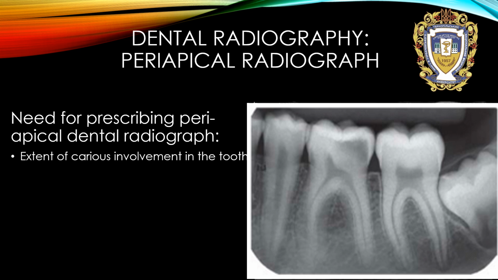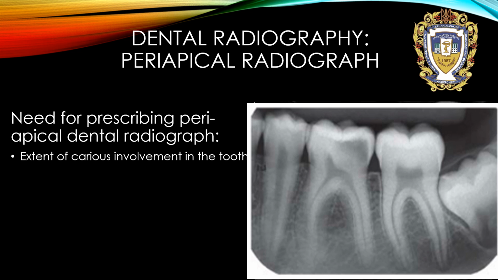This radiograph is very interesting. Why? Because we can observe a strange shape of the pulp chamber instead of caries in the next tooth. Why? You can see obliteration of the pulp chamber by secondary dentine.